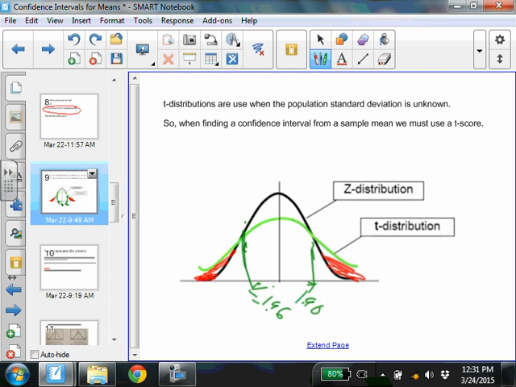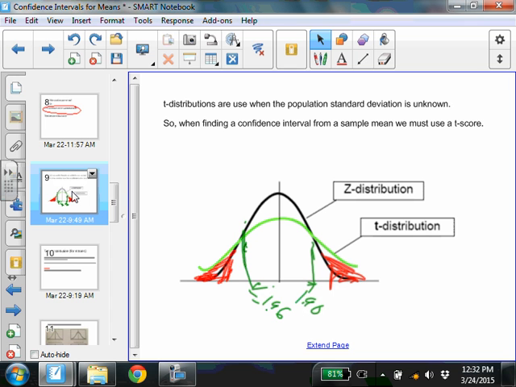The t doesn't flatten out so quick, so it's got more data points out here than the z-distribution does. So if we wanted to be 95% confident with a t interval, is our interval going to have to be bigger or smaller? It's going to have to be bigger, right? So that's the whole idea behind going to a t-score.